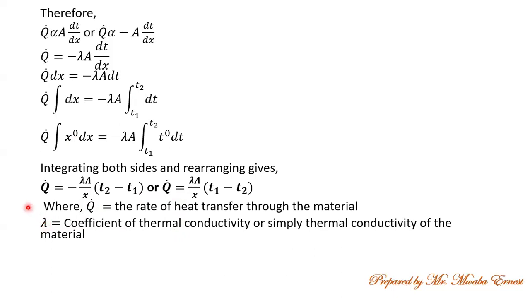So if you're dealing with wood, the value will be different. If I'm dealing with asbestos, it will be different. If I'm dealing with coal and so on, different metals, including air, each has its own value for this same lambda. Then A, that is our surface area in square meters, or we'll be calling it the face area.